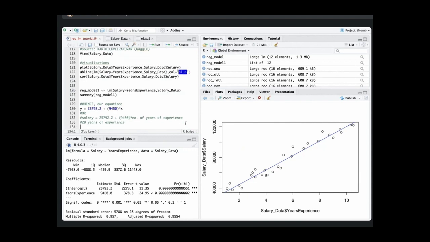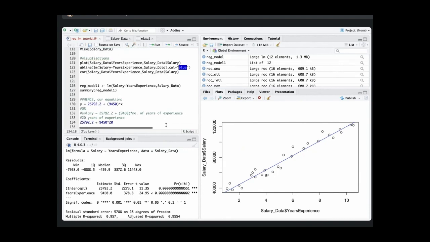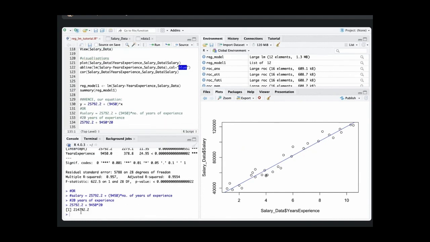So we can simply do this in R by putting this formula. I mean, just manually doing this, checking and predicting their salary based on our data set. 9450 into 20, right? So this is our equation. So their salary per month would be 214,000, which is around 2,14,000 per month, right?